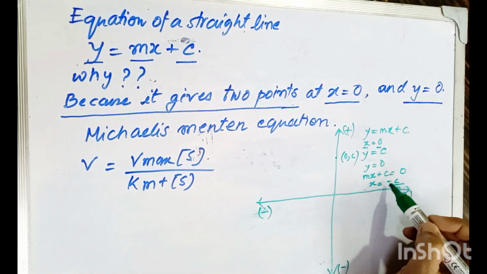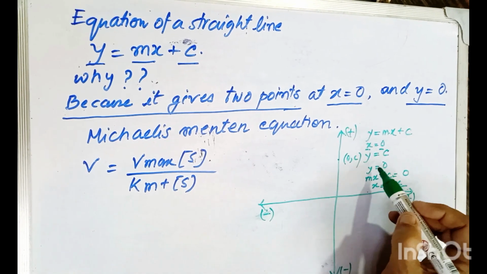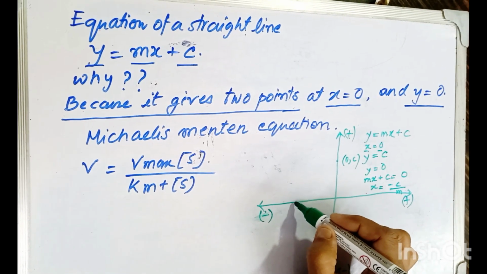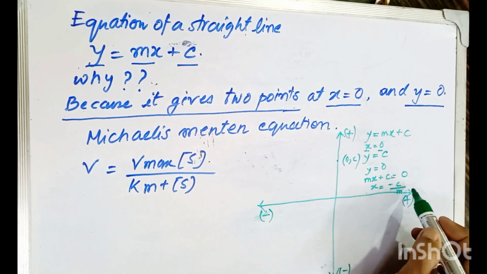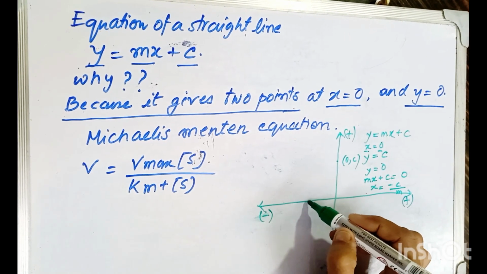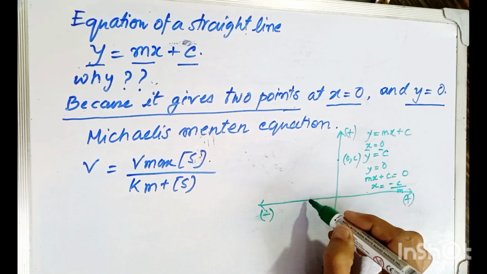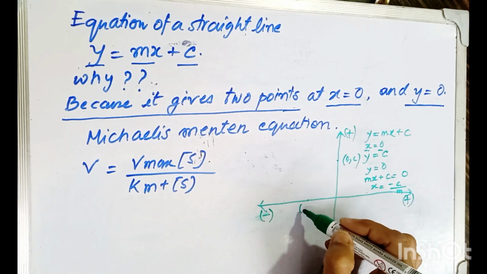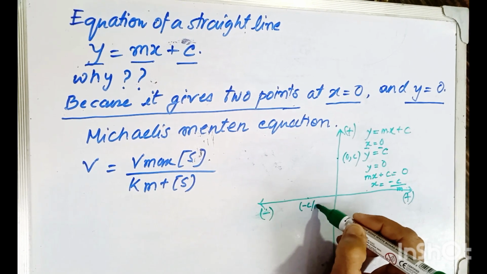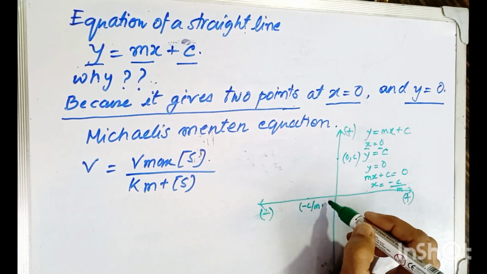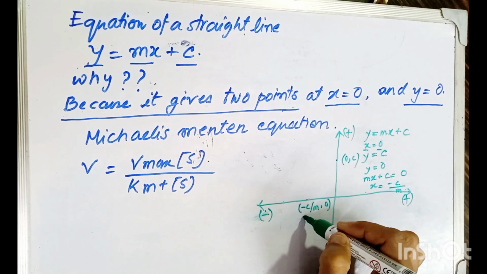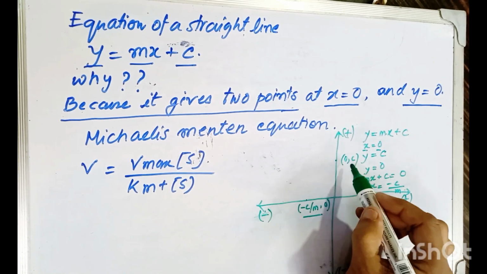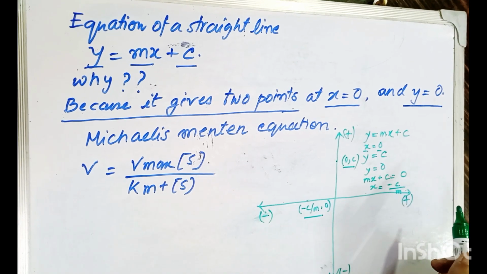So at y equal to 0, x is a negative value, minus c by m. So the negative value falls in this part of the x axis. So this point is minus c by m and 0, and this point is 0 and c.